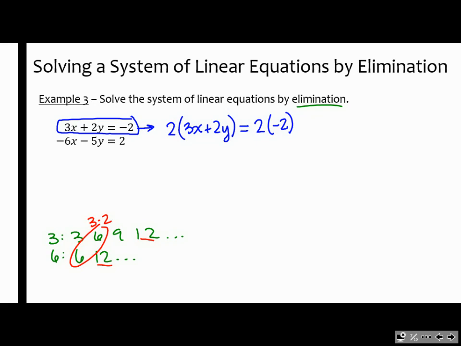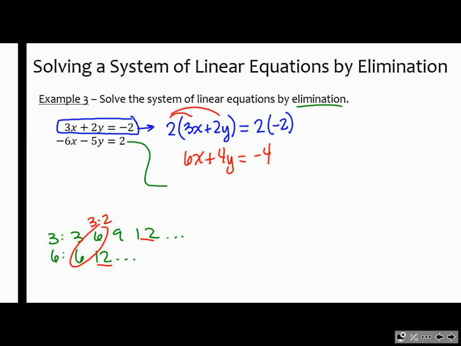So I am going to use the distributive property on the left to get 2 times 3x is 6x, and 2 times 2y is 4y. And on the other side, 2 times -2 is -4. So I've rewritten the first equation.